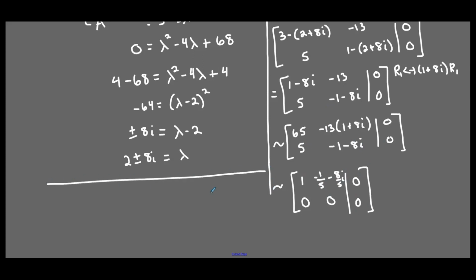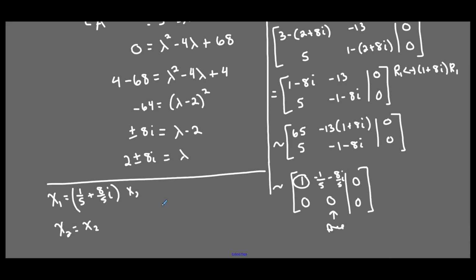So now let's find the eigenvector. So we have a basic variable and then we have a free variable. We'll call them x1 and x2. So x1 is 1/5 plus 8/5 i times x2. If I solve this equation for x1, and then x2 is free.